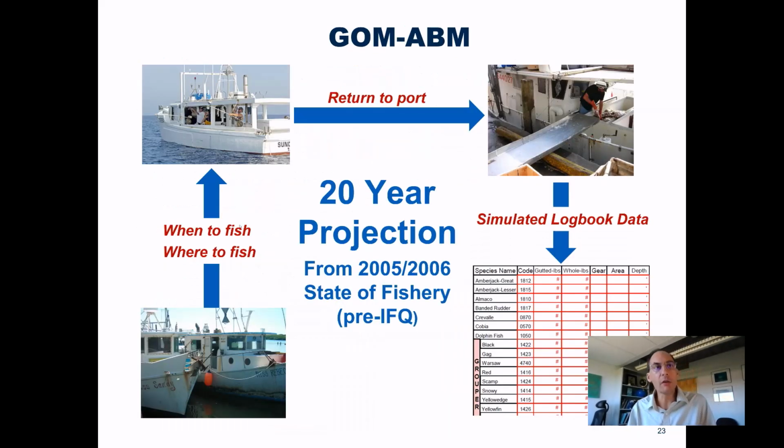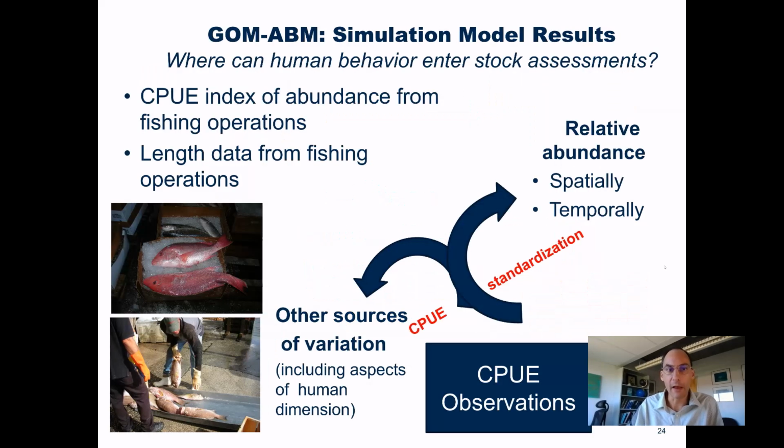So when you put all of these components together in the simulation model and you run it for 20 years and collect simulated logbook data, we'll talk about now what came out of that, essentially what we found. And so one of the things we wanted to look at very closely was catch per unit of effort.